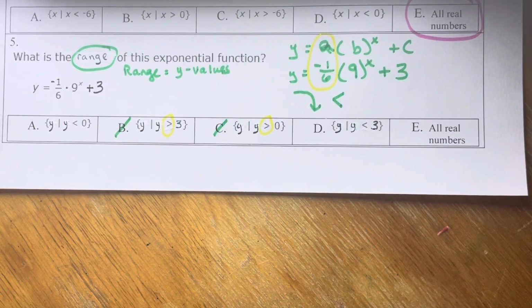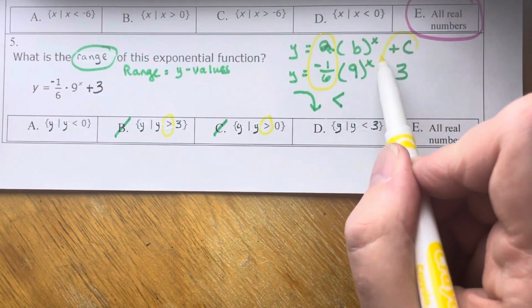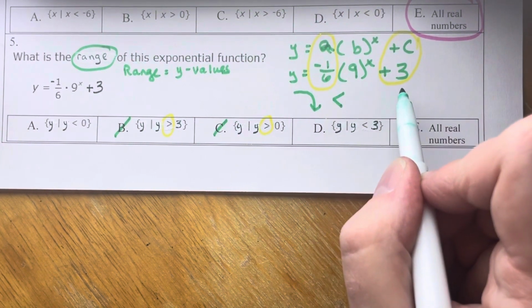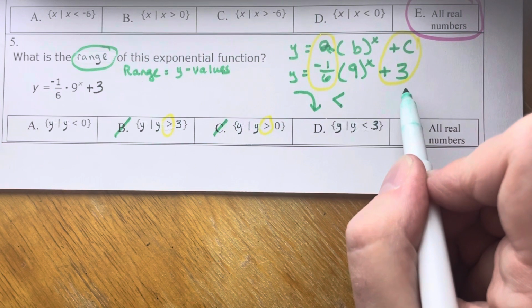So our asymptote is happening where C is located. And for us, our C is equal to 3. This tells us where we're going to bottom out or top out the curve.